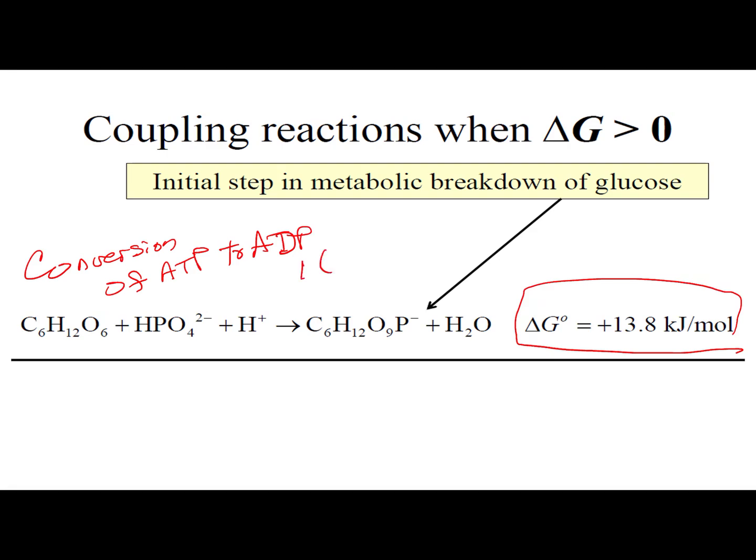And the conversion of ATP to ADP has a delta G value of negative 30.5 kilojoules per mole. And so this thermodynamically favorable process can be coupled with a non-favorable process. And we see that over and over again in metabolic systems.